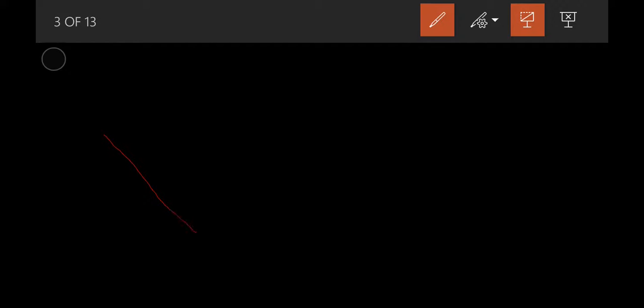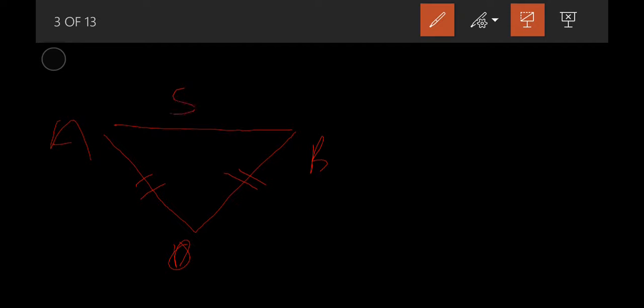Once again, in triangle AOB these two sides are equal, the hypotenuse is 56 meter and the angle is 90 degrees.